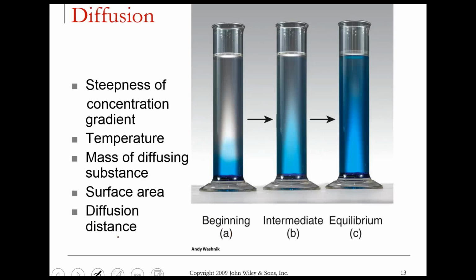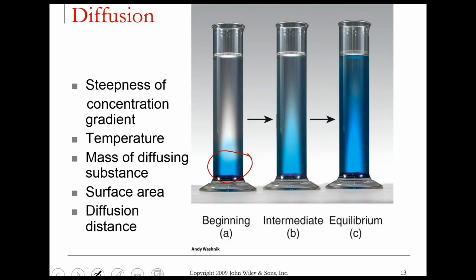Diffusion. Diffusion is the most common passive transport mechanism. Diffusion is simply the movement of material down the concentration gradient. So you can see in this illustration, at first you have a strong concentration of a dye molecule at the bottom of this graduated cylinder.